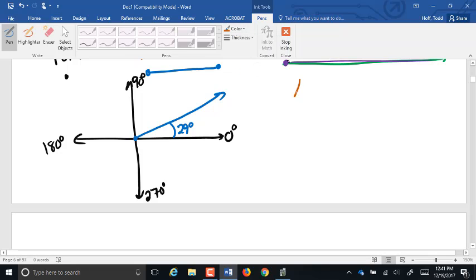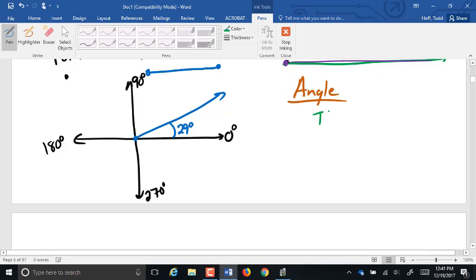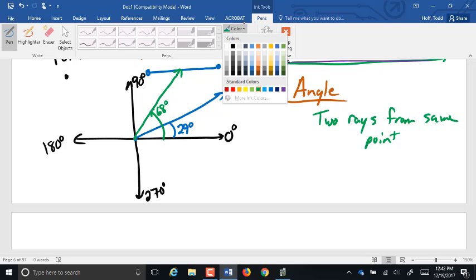To form an angle, we have to create a second ray from the same starting point. So we're starting at this point, we're going off in a slightly different direction. Let's say the direction of that one is 68 degrees.